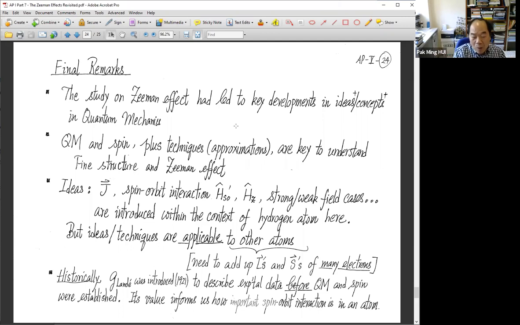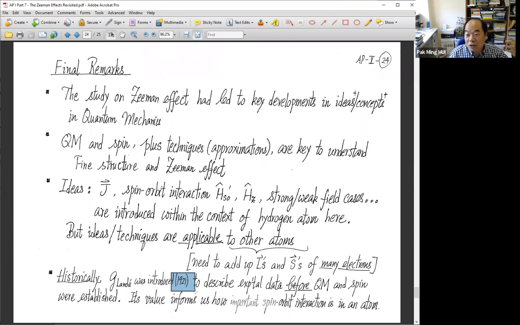Okay, and one final remark, we introduced the Landé factor by projecting the S in there, but I must mention that that was actually introduced prior to quantum mechanics, because spectroscopy has been a driving force of the development of quantum mechanics. You see, everything starts with the Balmer series, Lyman series.